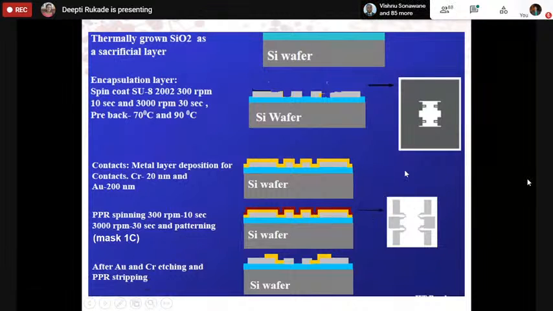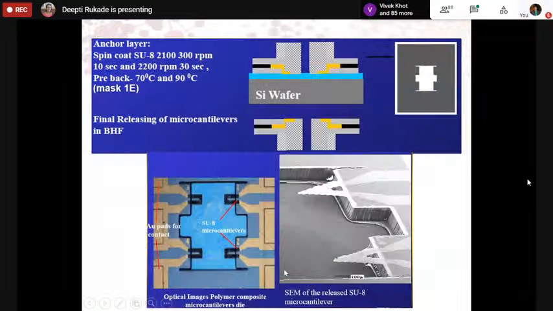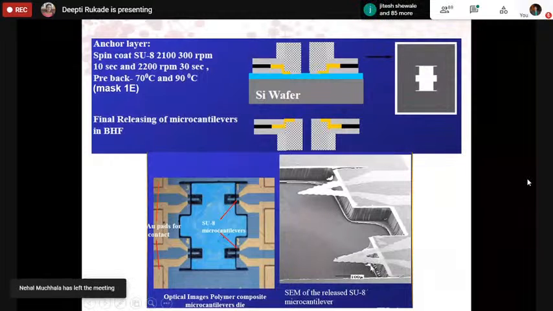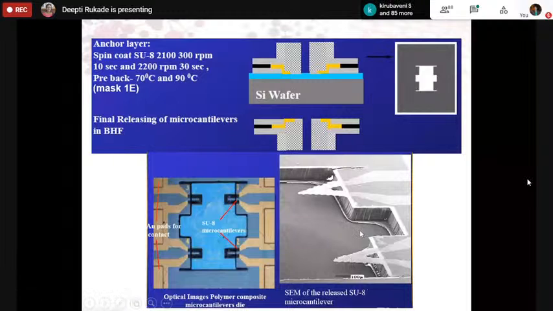After gold and chrome etching, you'll get something like this. And the final releasing of cantilevers is from below. This is the image of one of the cantilevers that is fabricated at IIT Bombay Nanofabrication. For backside etching, here you will need DSA for alignment, and this is how the cantilevers look once they are released.